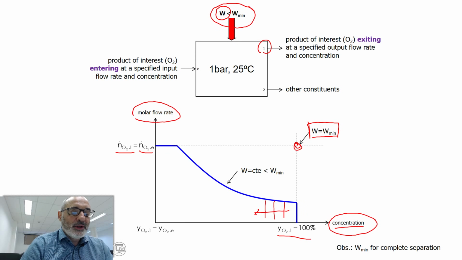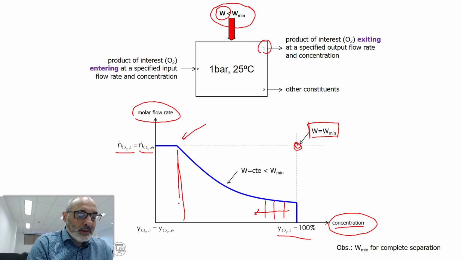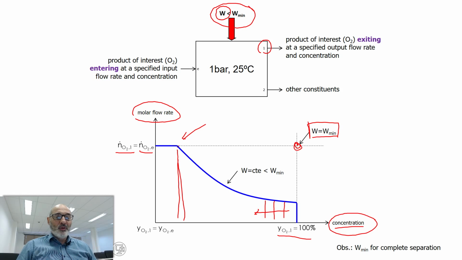The concentration of O2 decreases, consequently the concentration of N2 increases, and it may decrease to a point where it's going to be zero on the other side. So this is how qualitatively this graph should work.